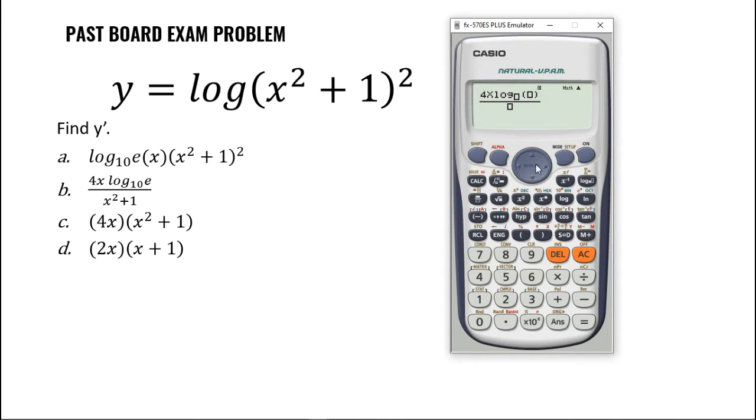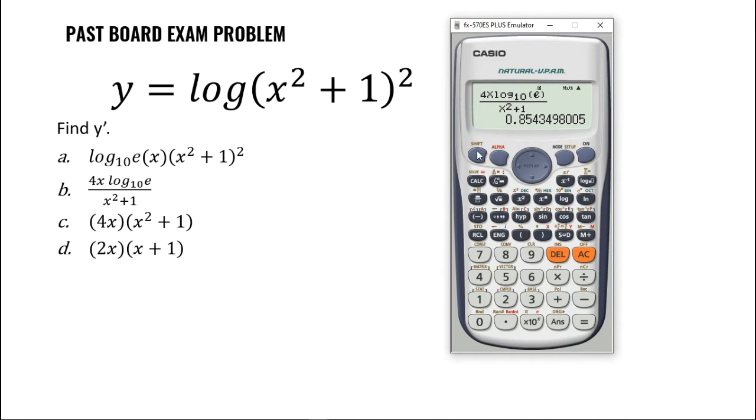But actually, no need kasi guys, syempre pag logarithm, base 10 talaga yan. And we have here e, so alpha, yung pi dito, e. Then input natin yung denominator, so that is alpha x squared plus 1. Then CALC. Then input natin, of course, nakalagay na siya 1.2. So 0.854. Then ibig sabihin guys, ito yung answer natin, letter B.